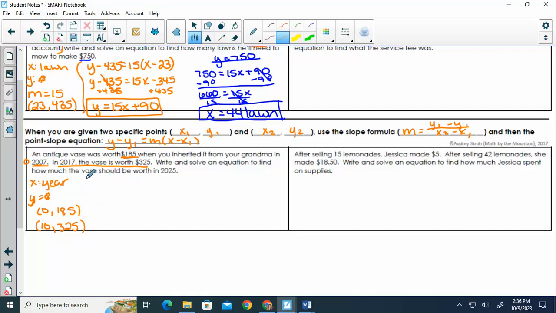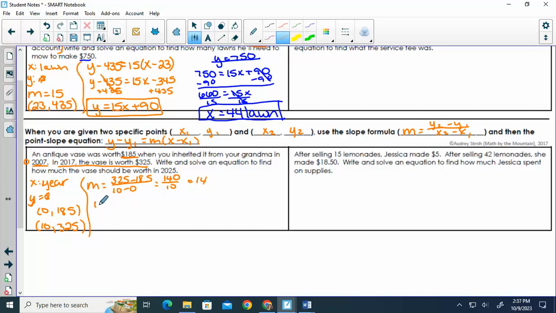So now we need our slope. y2 minus y1 over x2 minus x1. So we get 14.